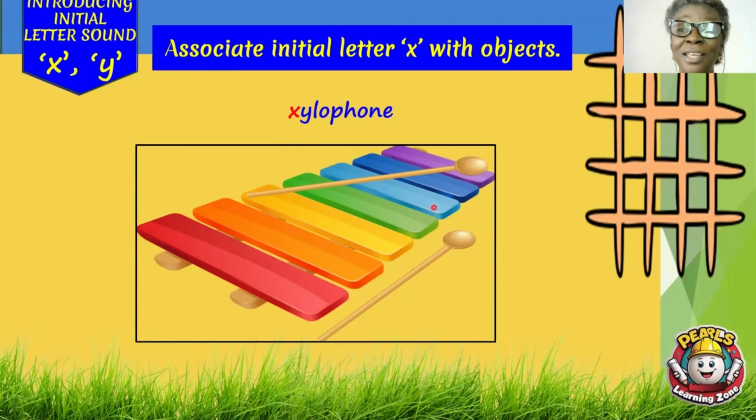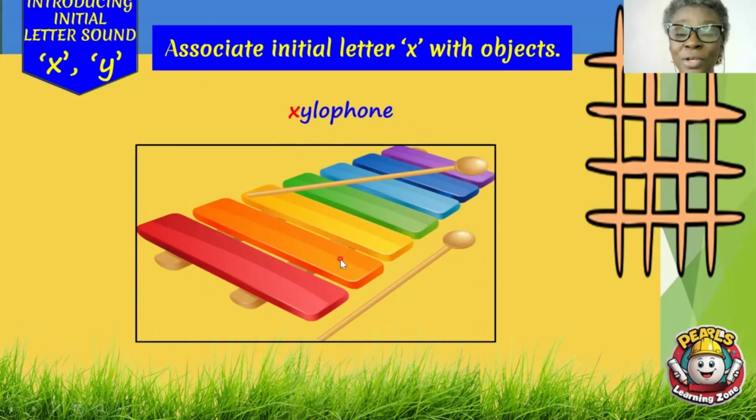Can you hear the sound that came out from my mouth now? Xylophone, z, xylophone. That's the first sound of this letter. The initial letter is X, but the sound is z, z, z, xylophone.